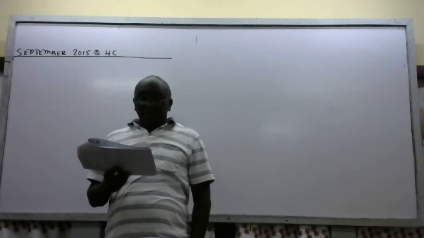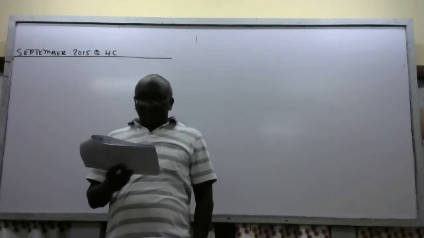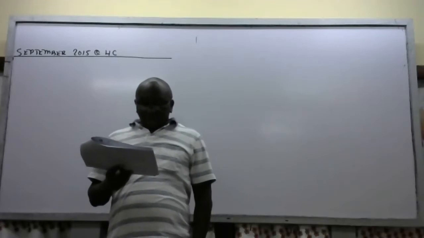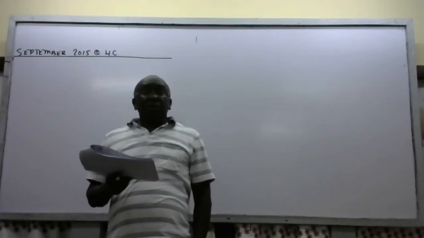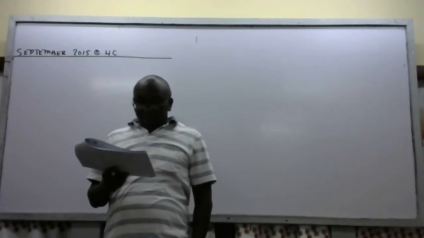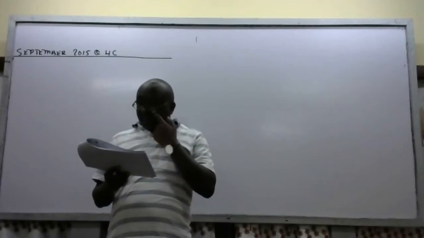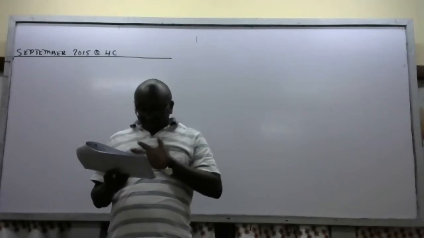So we have the departmental overhead costs, direct labor hours, direct materials quantity in kilos, and number of orders processed. A computer program has been used to analyze the above data, and the results are as follows. So we have the regression, the dependent variable, the independent variable, the coefficient, the standard error, and the t-value.